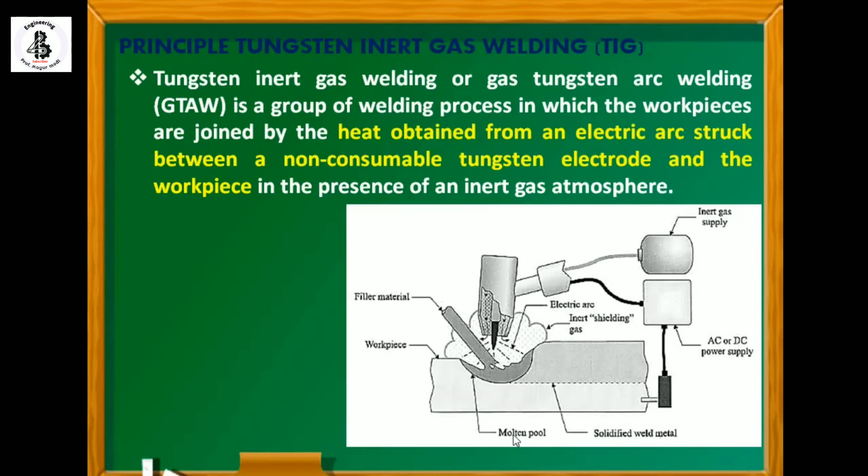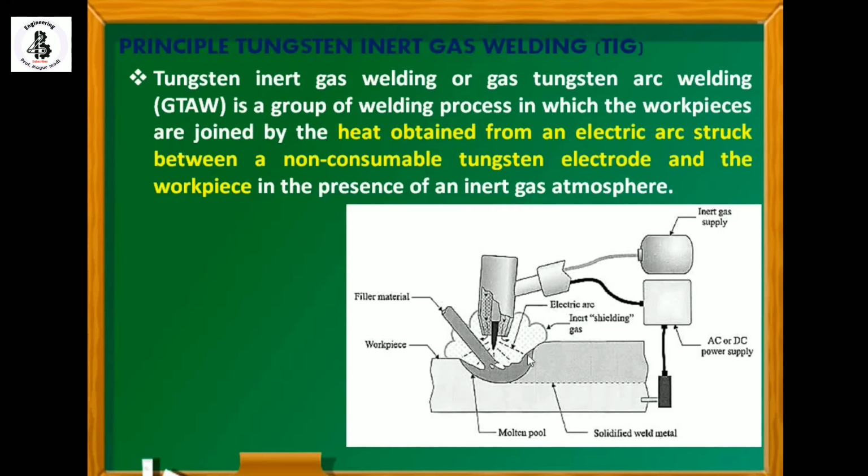Just you can see this is a molten pool around the weld zone, and supplying this inert gas has an advantage: it acts as a shielding medium, an inert shielding gas.